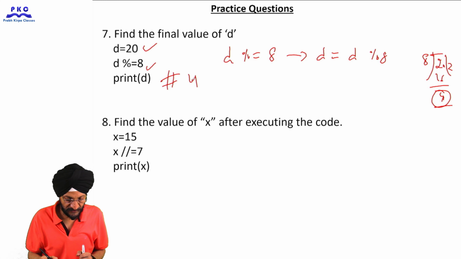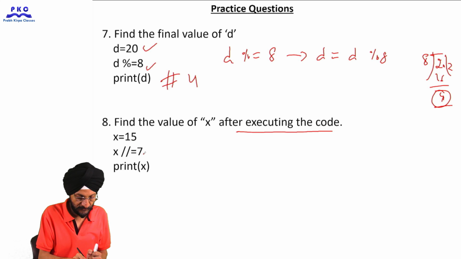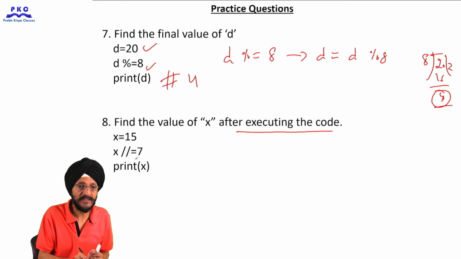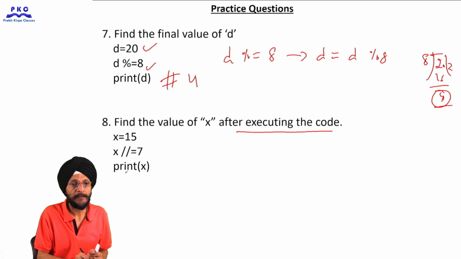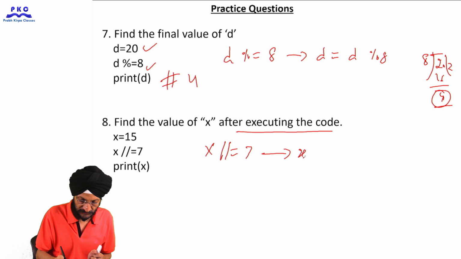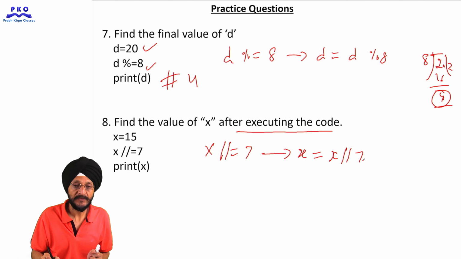Next, find the value of x after executing the code. X is equal to 15. X floor division assignment 7. Print x. Here it is given. It means x is equal to x floor division 7.